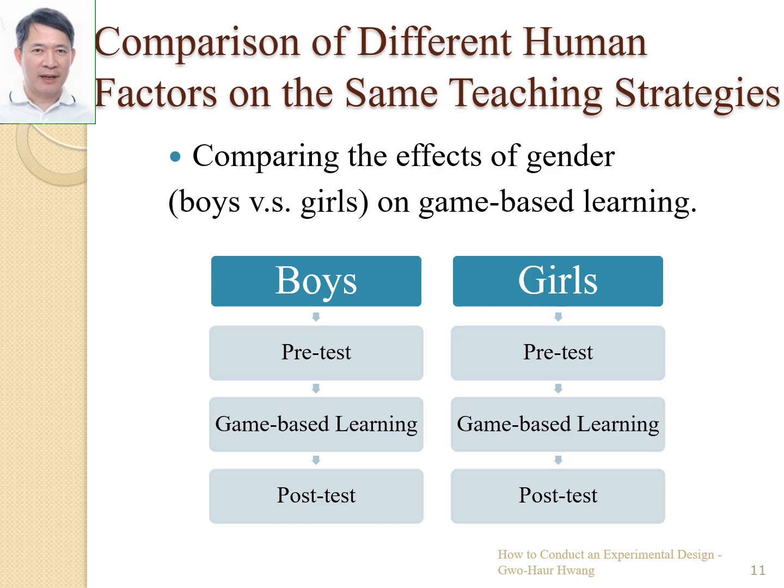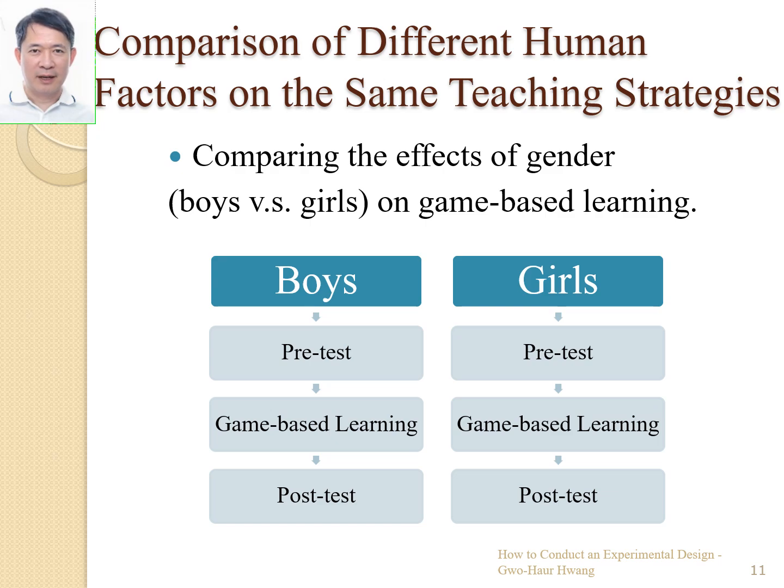Sometimes we only have one class, or because of practical considerations, we cannot divide the courses into experimental and control groups. At this time, we can also do another kind of research to compare the same teaching strategies with different human factors. For example, we must use the same teaching method, and I may use a new teaching method called game-based learning.